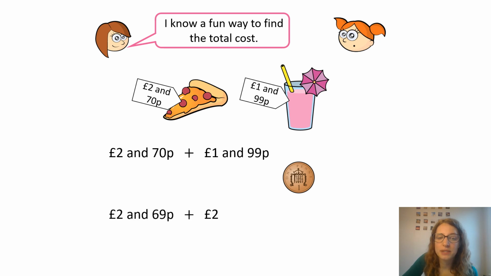That becomes £2 on that side. So we've now got £2.69 add £2. That's a lot easier to work out than trying to do 70 add 99. We're just taking a penny from one side and putting it to the other. So she's spending £4.69.